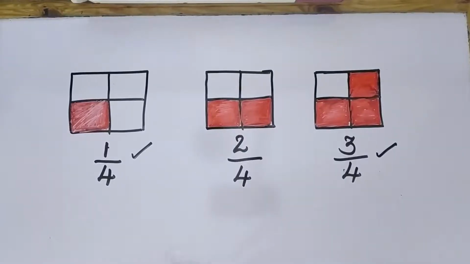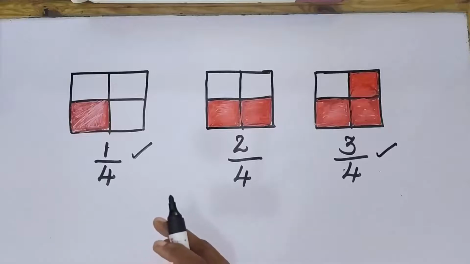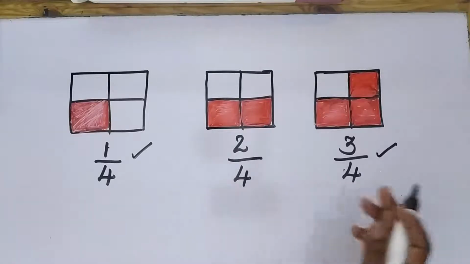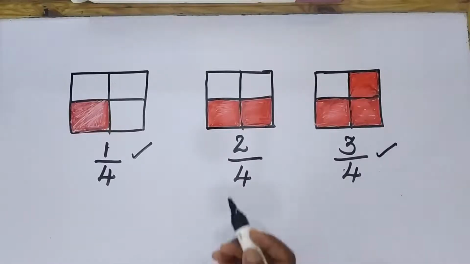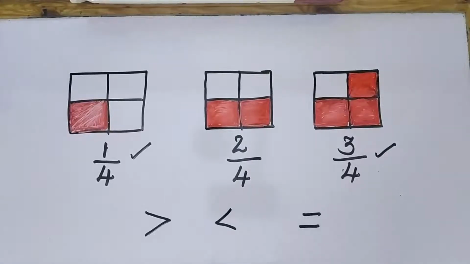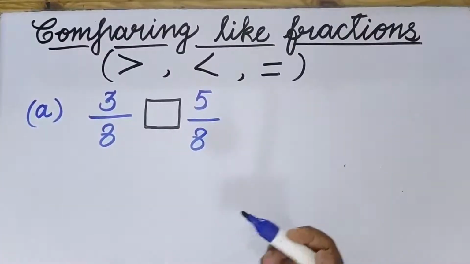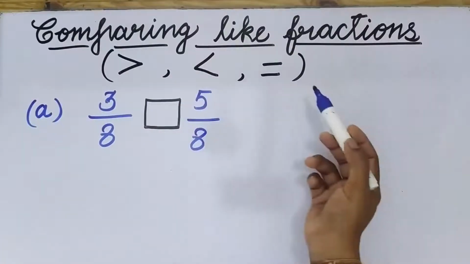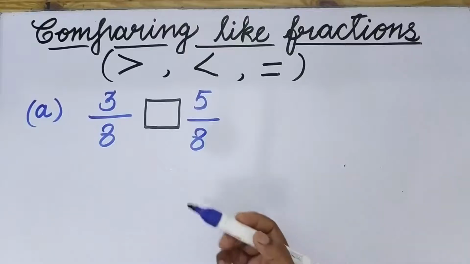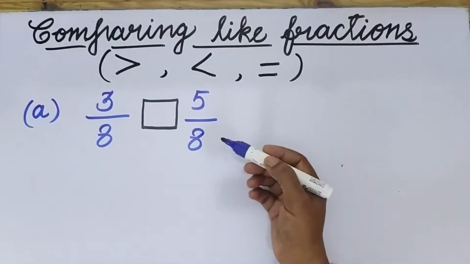And we can compare the fractions using the symbols greater than, less than, or equal to. Let us compare like fractions. While comparing, we use these three signs. So 3/8 and 5/8 we are going to compare.